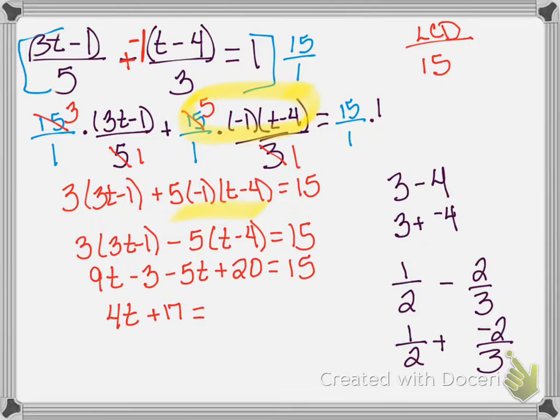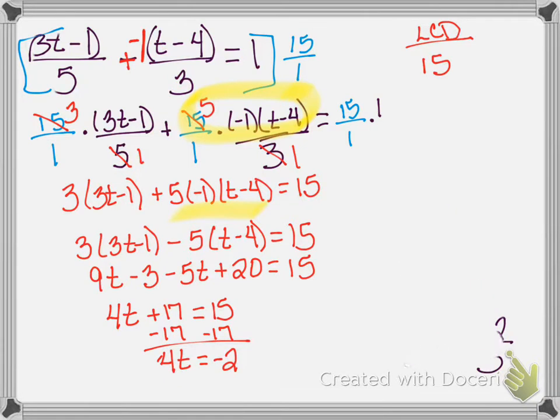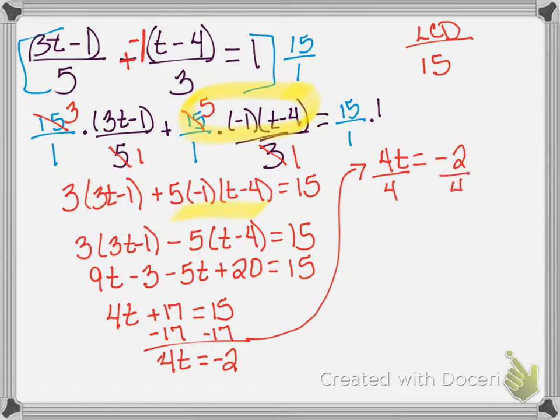I'm going to subtract 17 from both sides. I have 4t equals negative 2. I divide both sides by 4. What's my final answer?